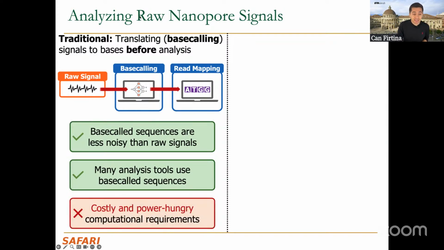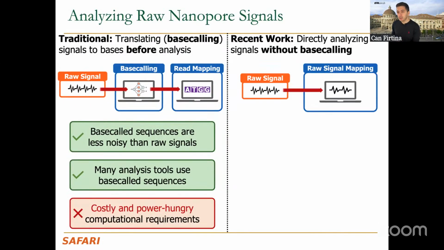But essentially, the translator that we're using in between is usually a very costly operation, and we need to use power-hungry devices such as GPUs to run this base calling step.